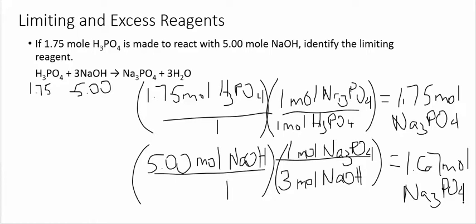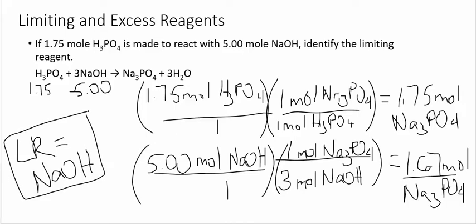The limiting reagent is the reactant that gets used up. Well, the limiting reagent is always the one that produces the smallest amount of product, which in this case was the 1.67 moles of Na3PO4. So my limiting reagent, the reactant that gets used up completely, is NaOH. So once that gets used up, the reaction stops.